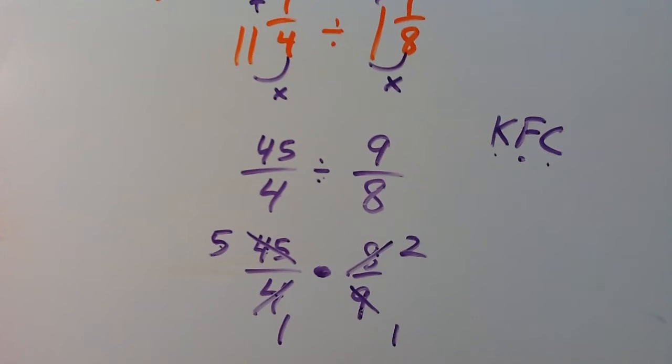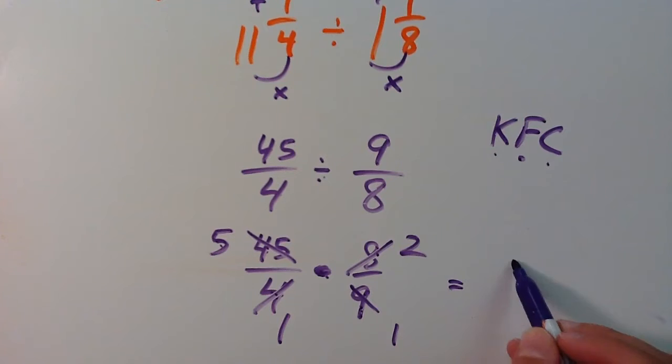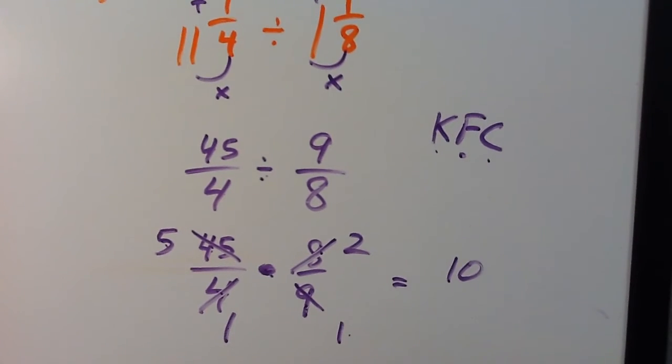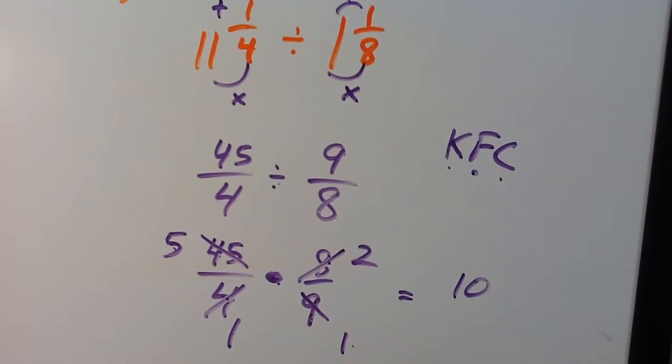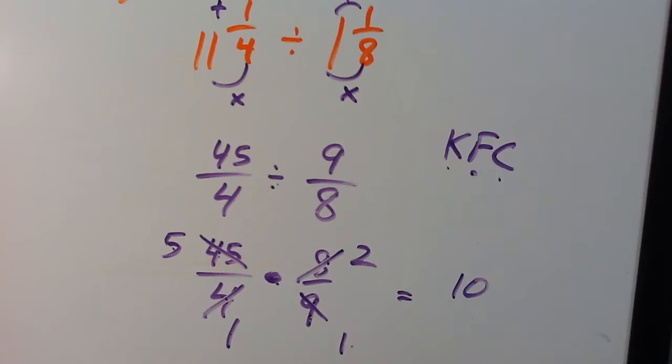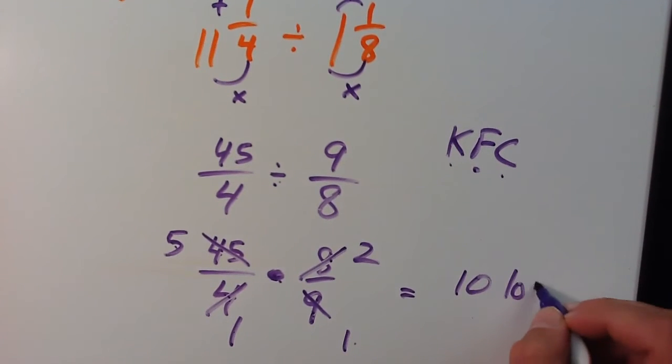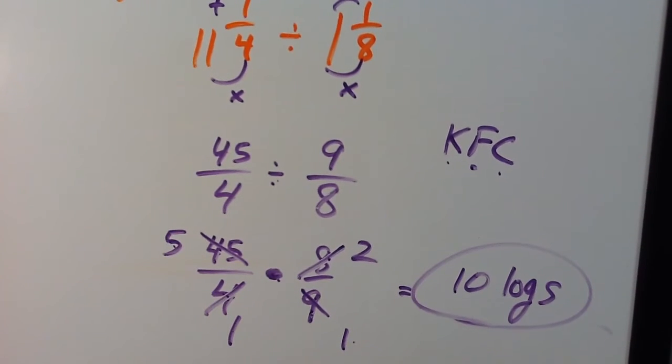So now that I've cross simplified, I need to multiply the top numbers. 5 times 2 is 10, and on the bottom I have 1 times 1, and if the denominator is 1, then it's not needed. So I have 10 what? What did the question ask me? It said into how many 1 1/8 foot logs can it be cut? So it can be cut into 10 logs for number 7.